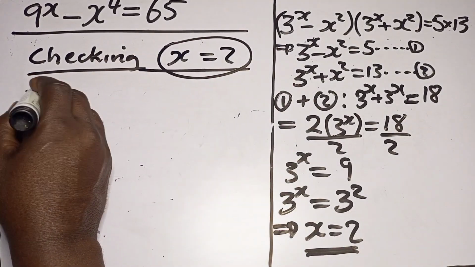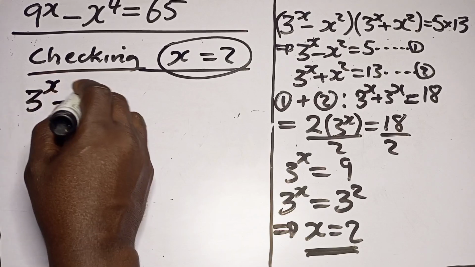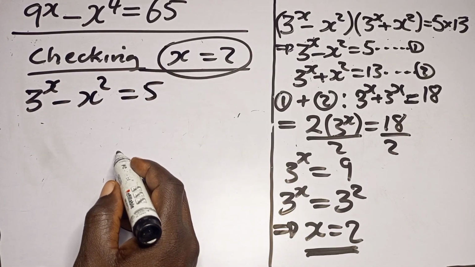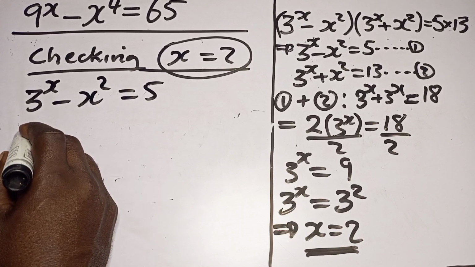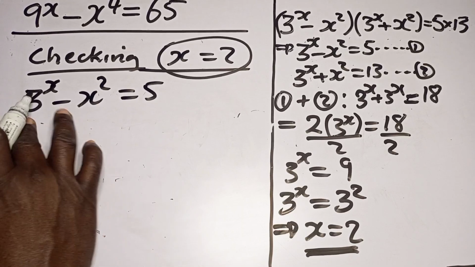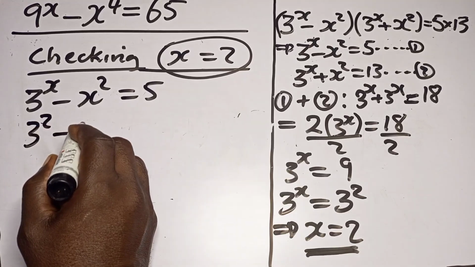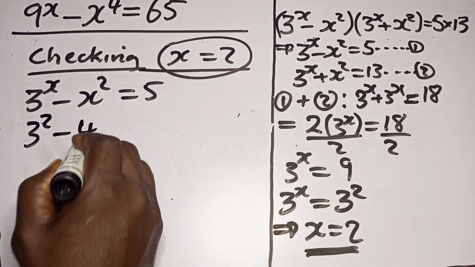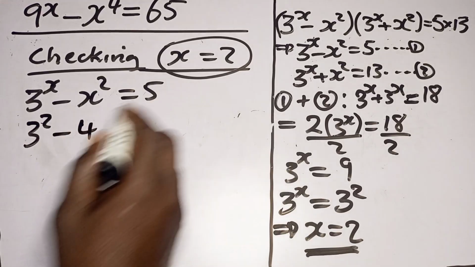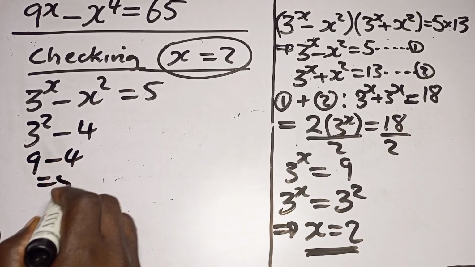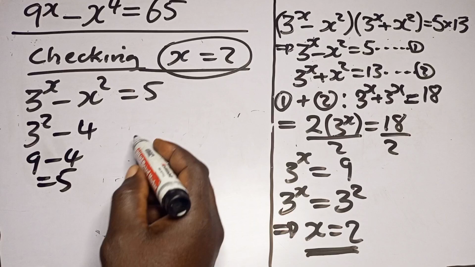Remember, our first equation is 3 to the x minus x squared equals 5. Okay, and let's check here first. When we put x equals 2, we're going to have 3 squared minus 2 squared, which is 4. Do we have 5? 3 squared is 9 minus 4. That gives us 5. So it is valid there.